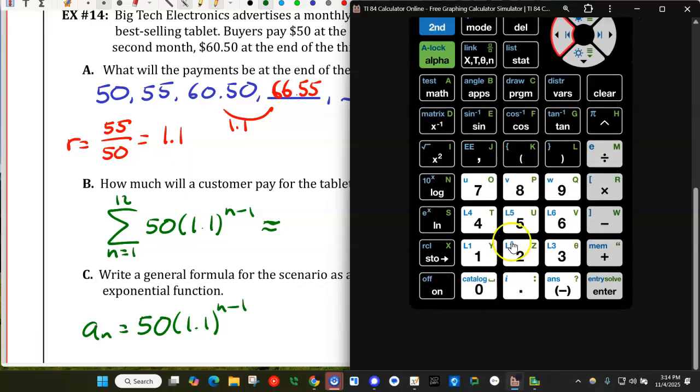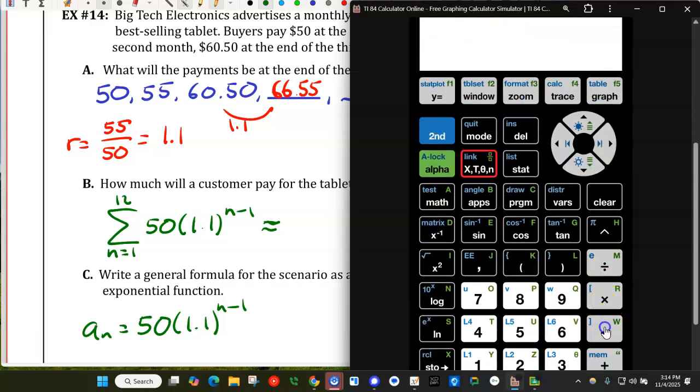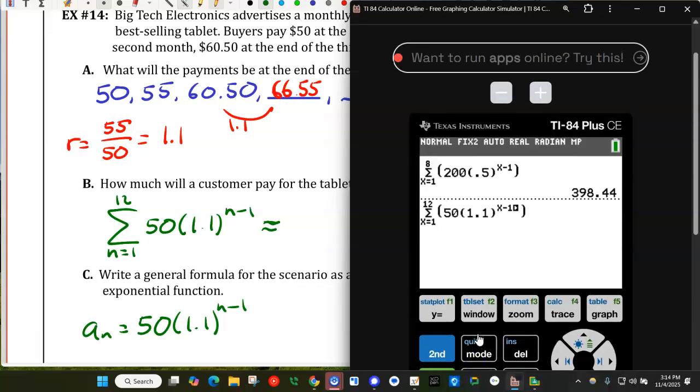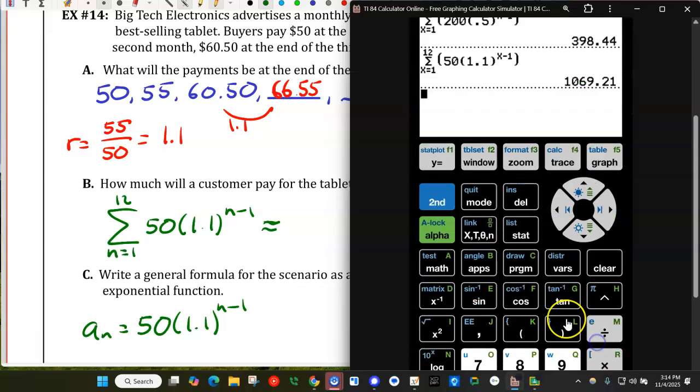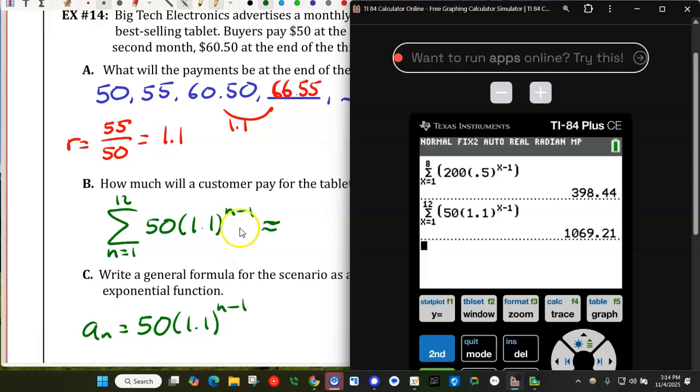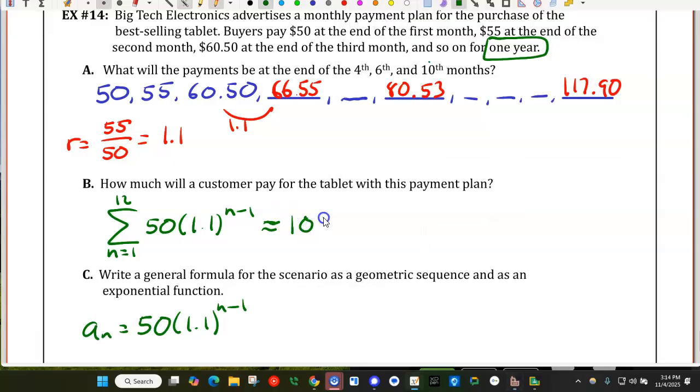We have 50, 1.1. There we go. And it comes out to $1,069.21. There we go.